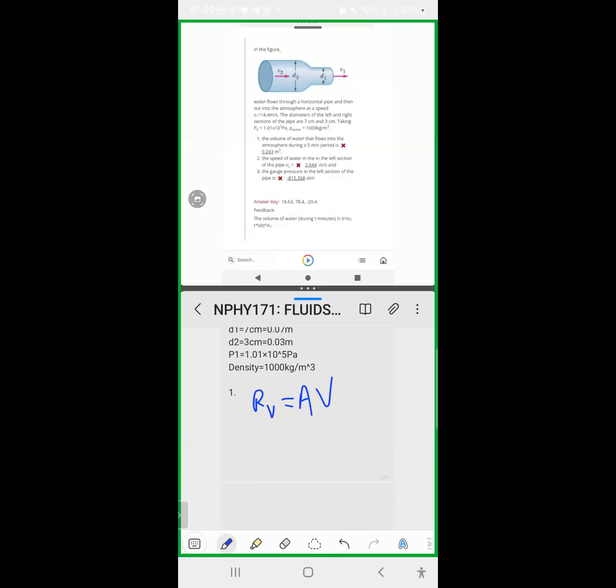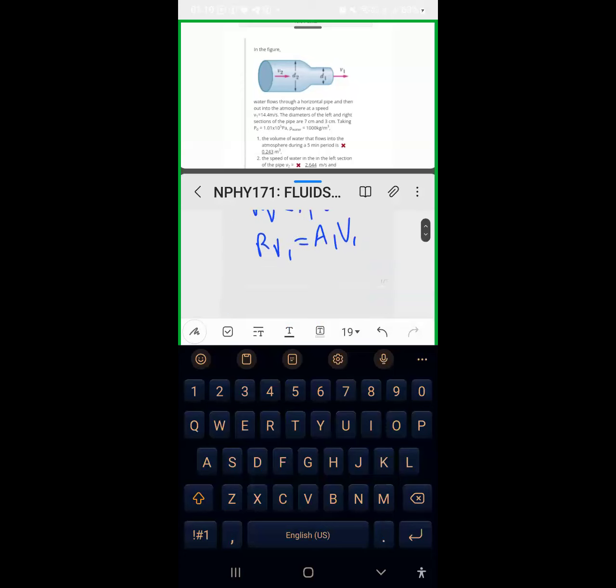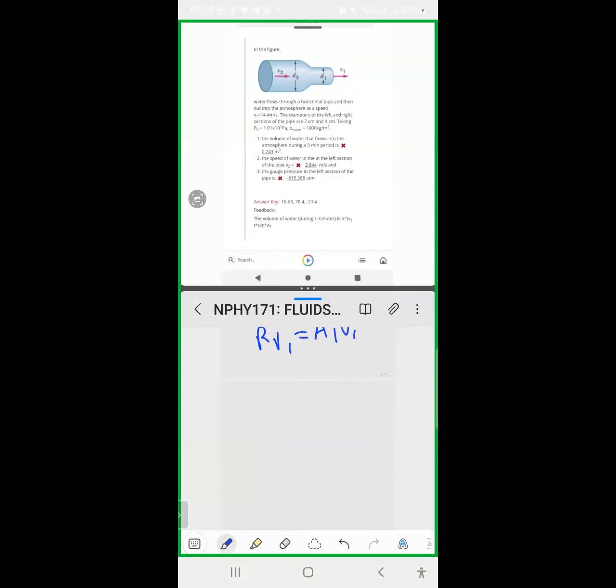Therefore, we're going to find the volume flow rate at the right section of the pipe, which is given by the area on the right section of the pipe multiplied by the velocity on the right section of the pipe. So the volume flow rate R is equal to the area, and we have a circle there.